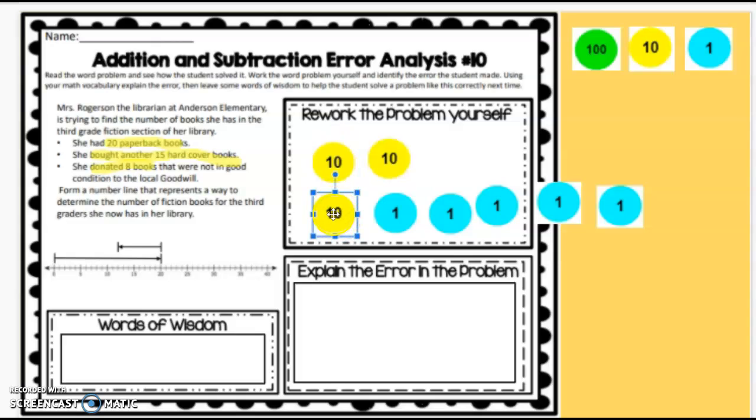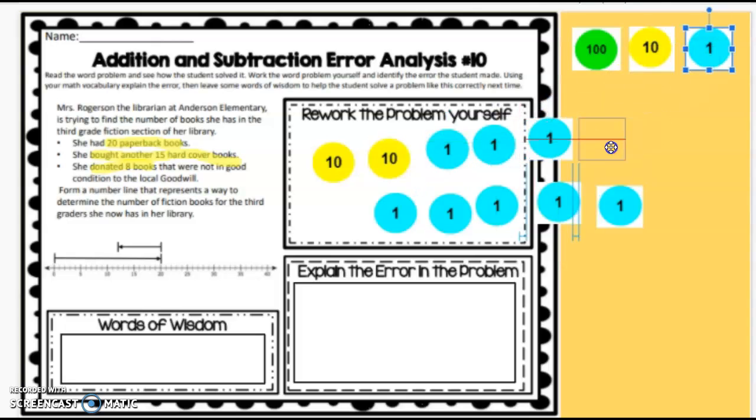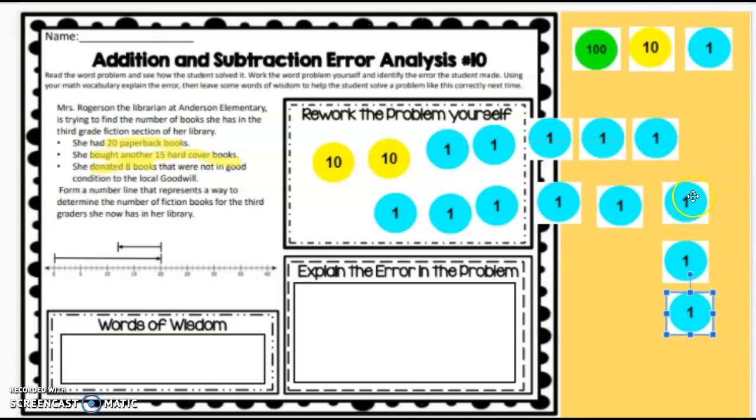So I'm going to take this 10 away, and I'm going to regroup it. I'm going to put it back up here, and I'm going to replace this 10's disc with 10 ones. 1, 2, 3, 4, 5, 6, 7, 8, 9, 10.